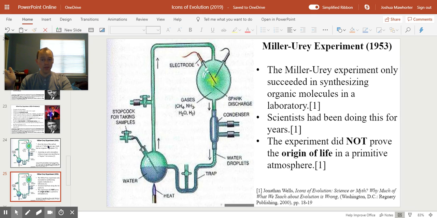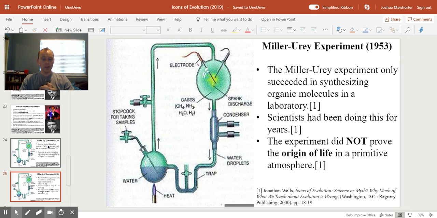Now, whether or not you believe the evolutionary model, whether you believe that evolution is true or not, this evidence is not representative of proof of evolution. So even if the theory of evolution is true, misrepresentation and lies should not be used to make people think that there's evidence that there isn't.